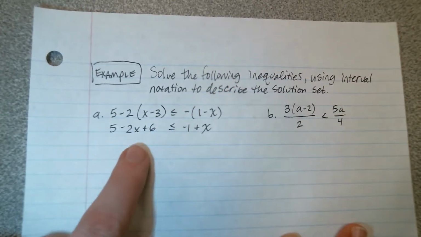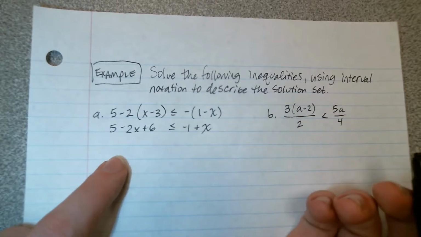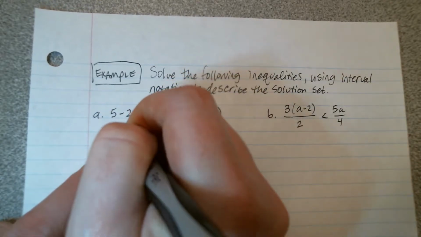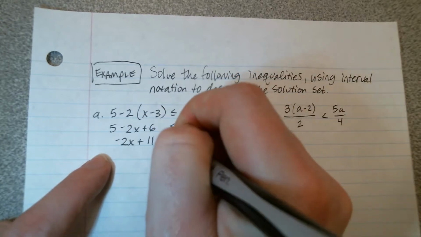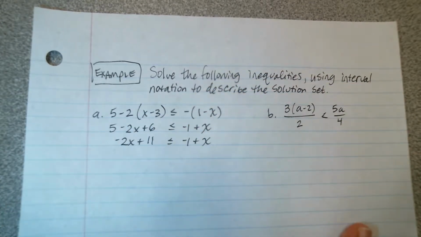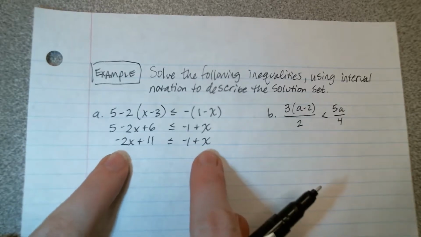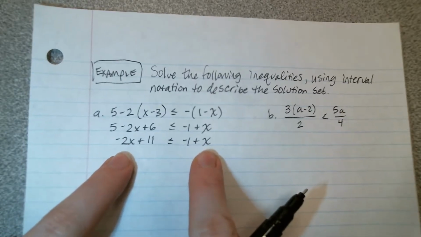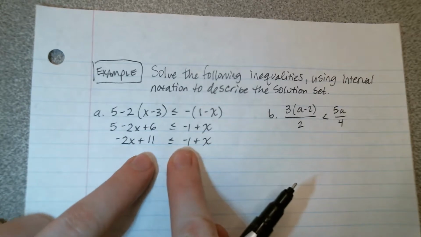Now on the left-hand side, I have some like terms I can combine together, so I'll do that now. Okay, so what I want to do is group up my variable terms together on one side and the constants on the other side.